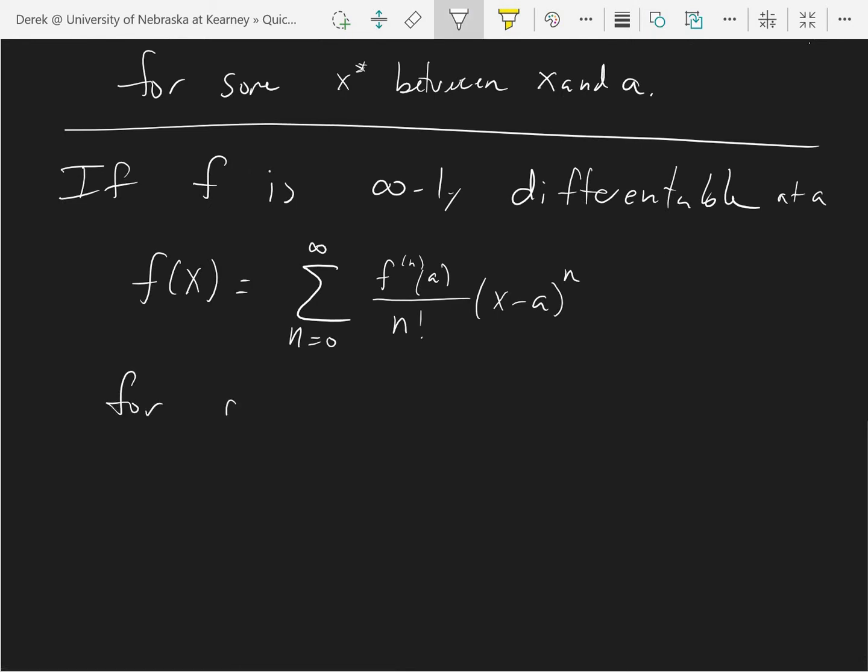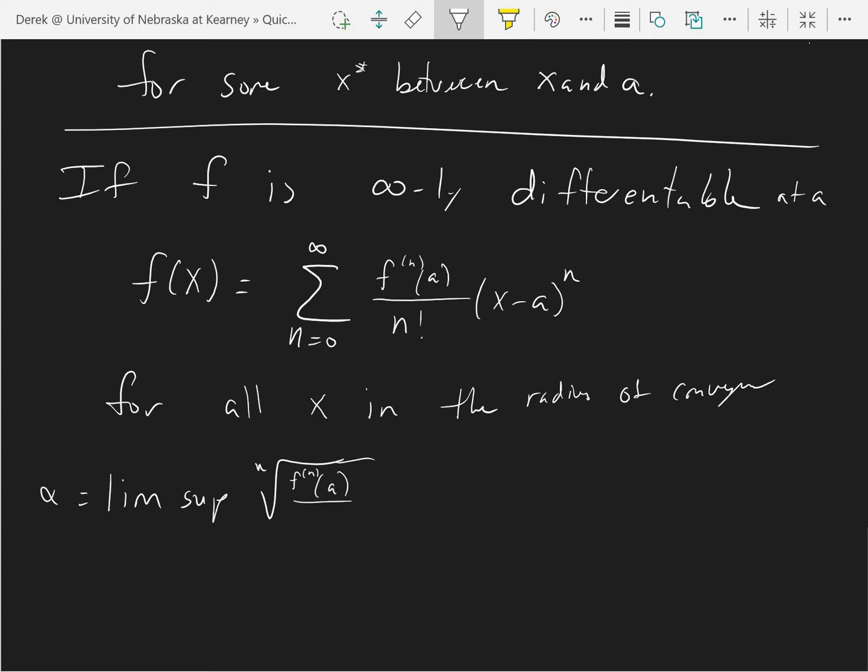And now we get to say, for all x in the radius of convergence, which is defined by, say, alpha equals this lim sup of the nth root of f^(n)(a) over n factorial, in the radius of convergence 1 over alpha, where alpha is equal to this lim sup.